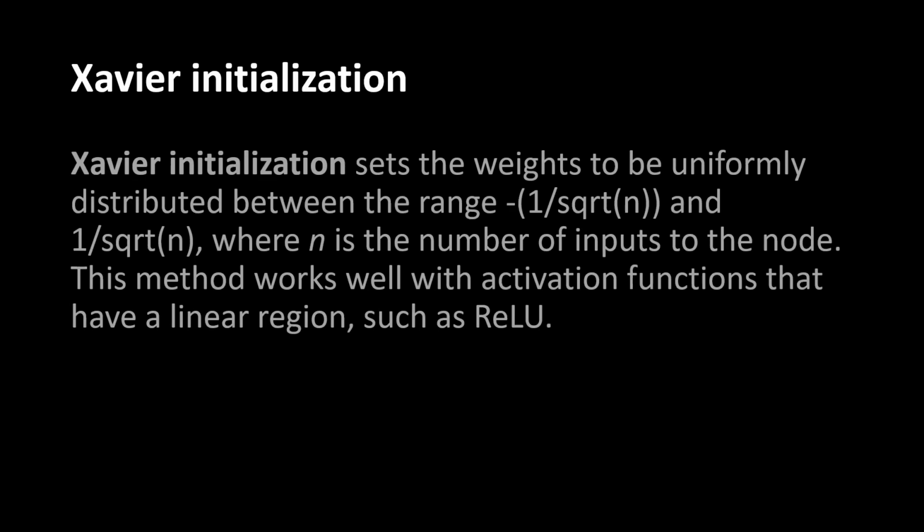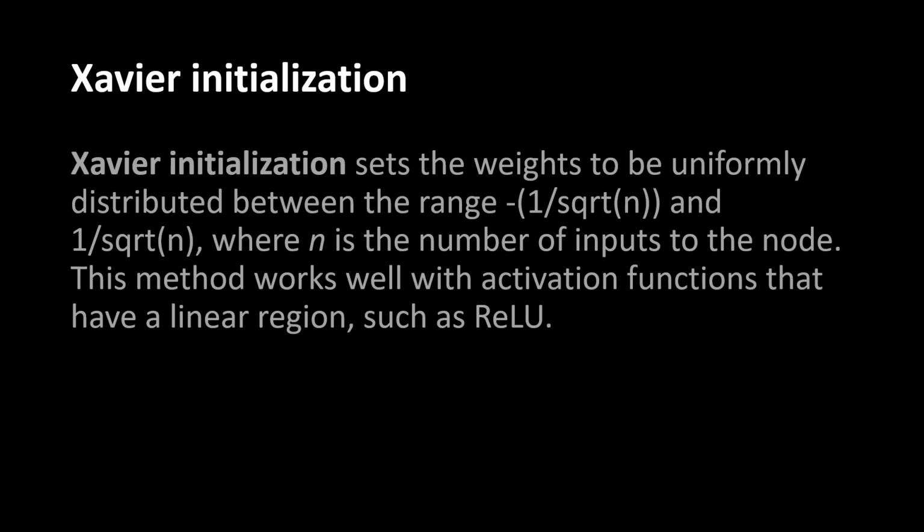First comes Xavier initialization. Xavier initialization sets the weights to be uniformly distributed in the range of -1 by square root of n and +1 by square root of n, where n is the number of input nodes or input units in the input layer.